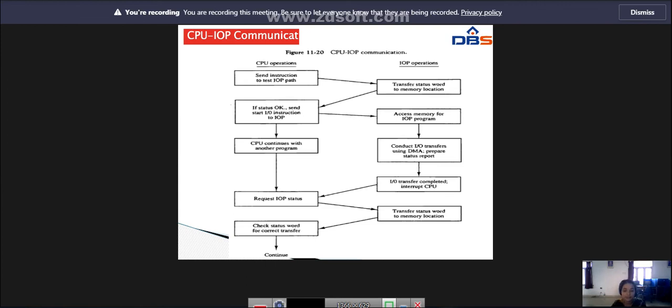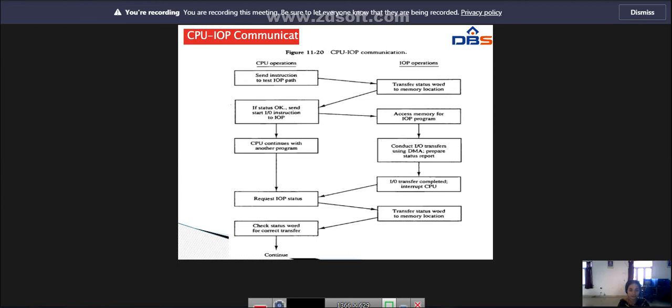After that, the IOP responds by inserting a status word in memory for the CPU to check.